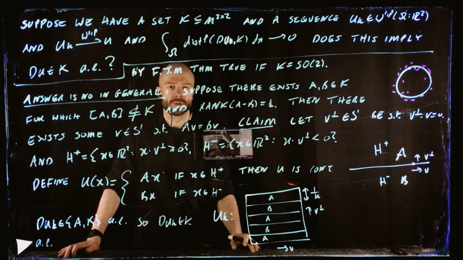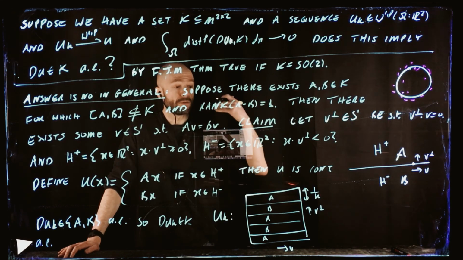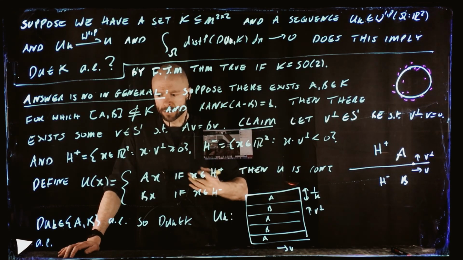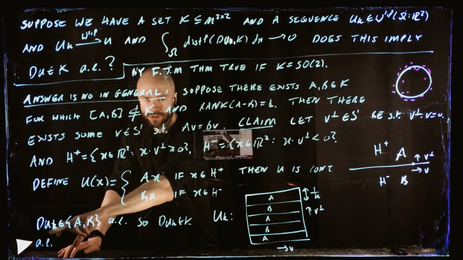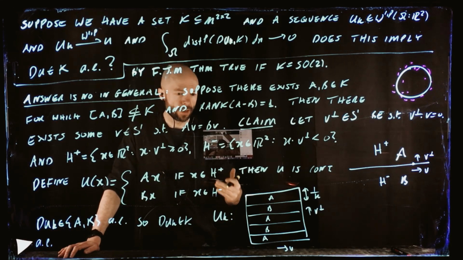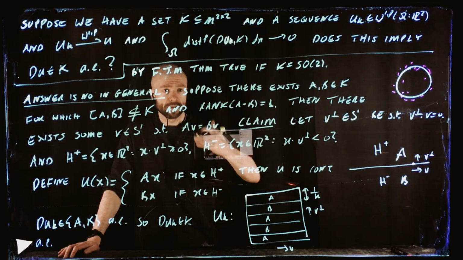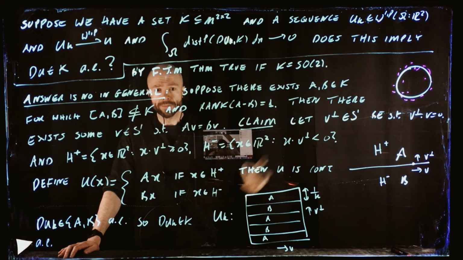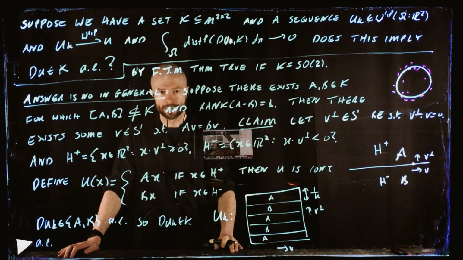Okay, so for Wednesday, what I want you to do is to think about the limit of this function that I've defined here. It's got a weak limit. We know this, right? Tell me what the weak limit is.